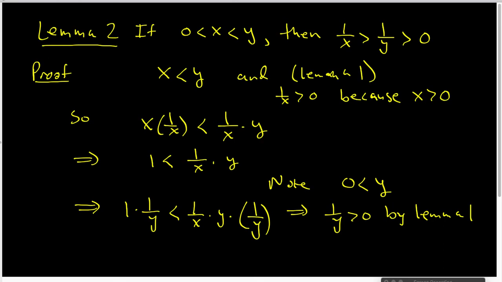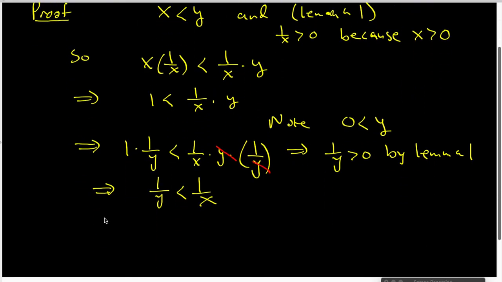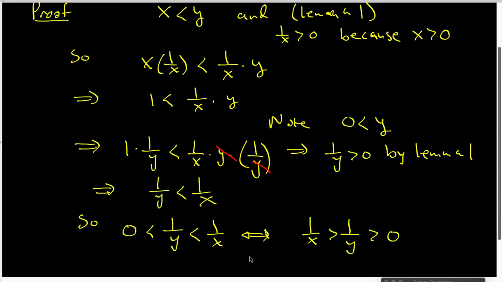But we can clean up our arithmetic here. These y's basically cancel out. They multiply together to form a 1. And 1 times 1 over y, of course, is just 1 over y. So this inequality says that 1 over y is less than 1 over x. And we already know this, so we actually do have 0 is less than 1 over y is less than 1 over x, which can be rewritten as 1 over x is bigger than 1 over y is bigger than 0.